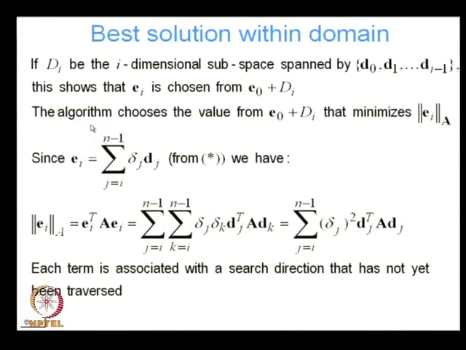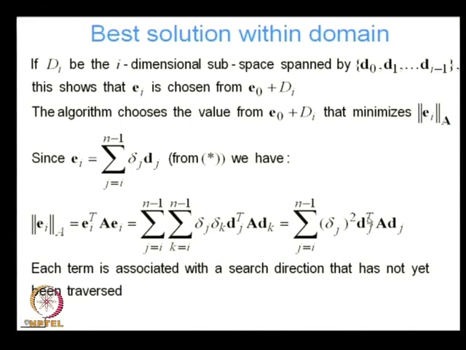I take the dot product of this with itself. So, I have delta_j delta_k d_j transpose A d_k. Again I am going to use the A-orthogonality of the direction vectors, and I am going to end up with sigma j equal to i to n minus 1 delta_j squared d_j transpose A d_j.